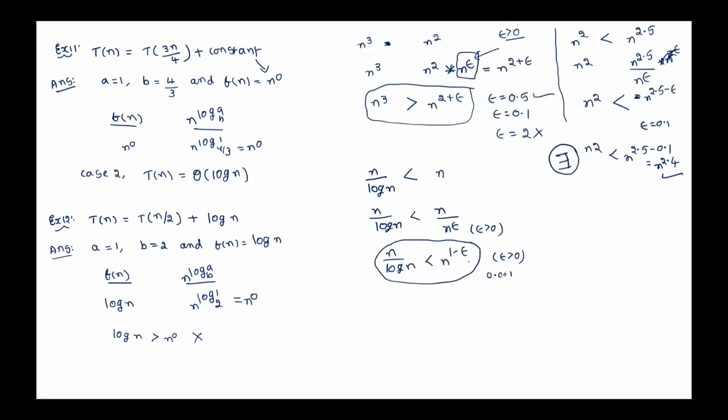No epsilon exists. That means n by log n is smaller than n, but not polynomially smaller.